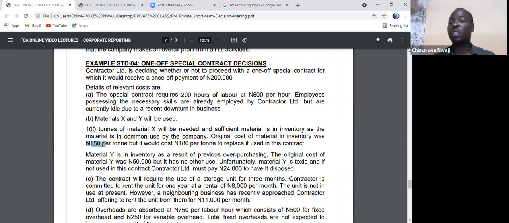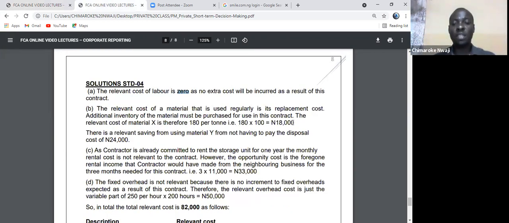Now this original cost is not important because if you are to use this 100 tons, when you go to the market to replace it, you cannot get it at 150 any longer. But it will now cost 180 naira to replace if it is being used in this contract. So what you do now is you multiply 100 tons by 180, and that gives you 18,000. That is what we did here.